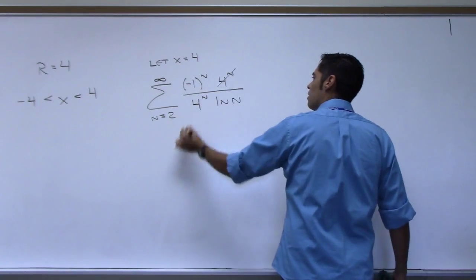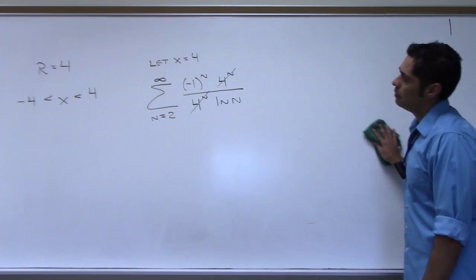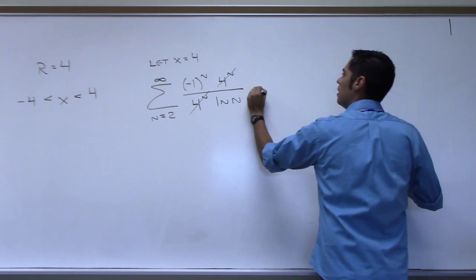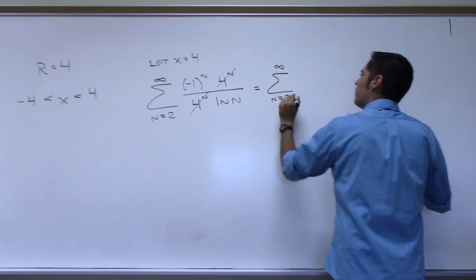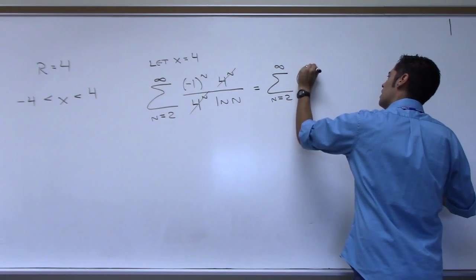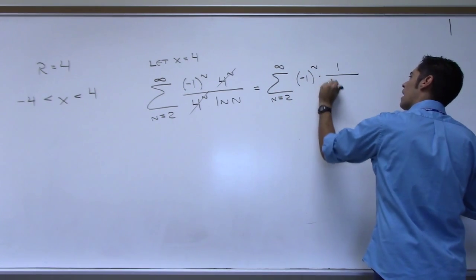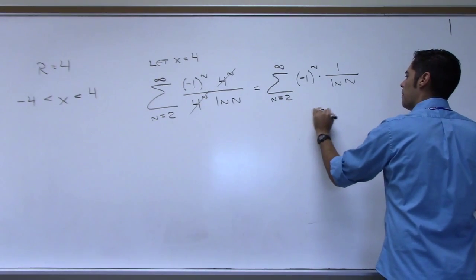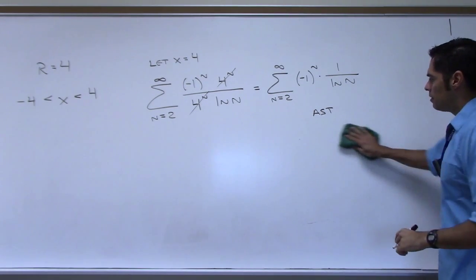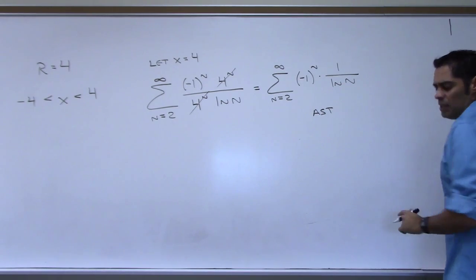And these don't matter, right? They're gone, so this is going to be sum n equals 2 to infinity of -1 to the n times 1 over natural log n. This is an alternating series, and so I'll run the alternating series test on this.